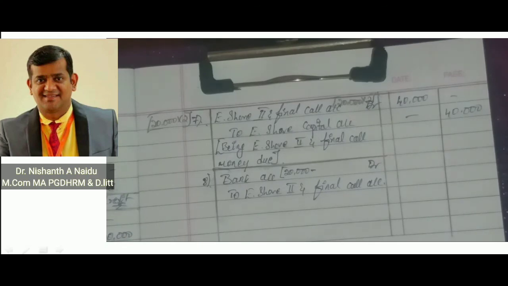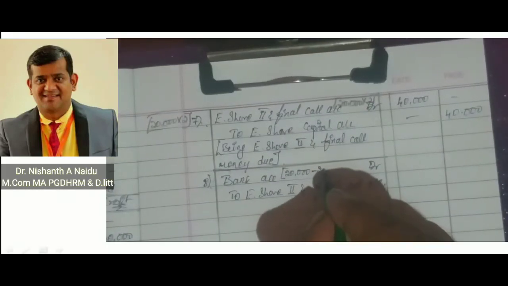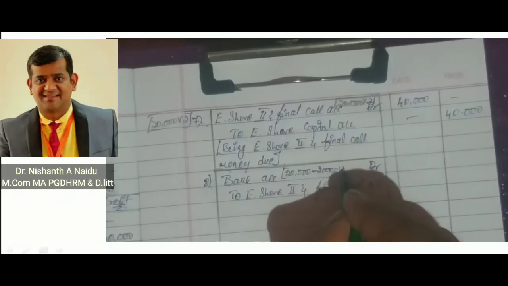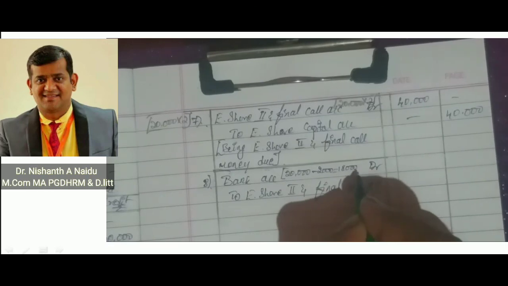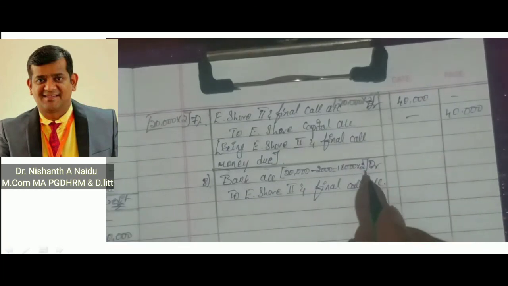So 2,000 shareholders have not paid, that means minus 2,000. So you are going to get how much? 20,000 minus 2,000, so 18,000 shareholders only paid the second call money of rupees 2.